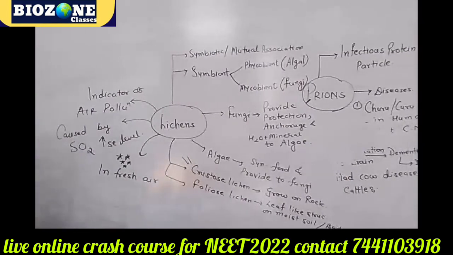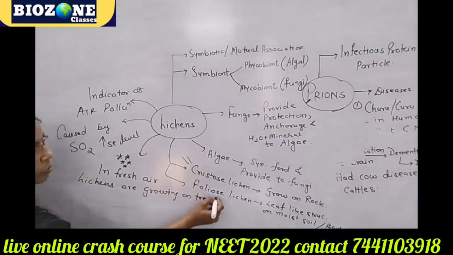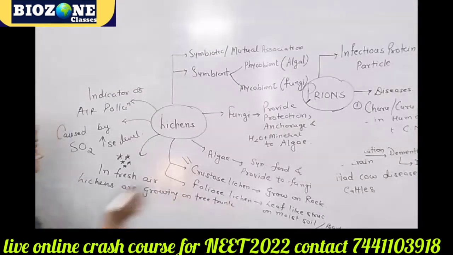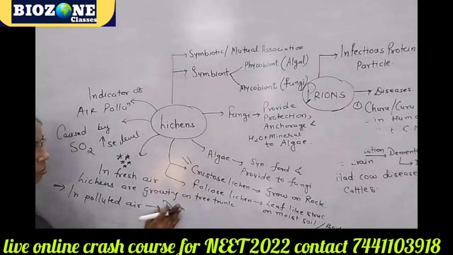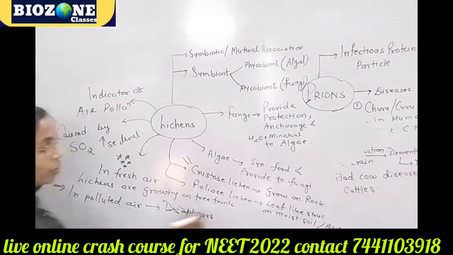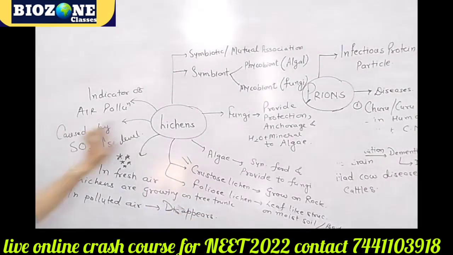So this part you remember. In fresh air lichens are growing on tree trunk. In polluted air lichen disappears. Okay.